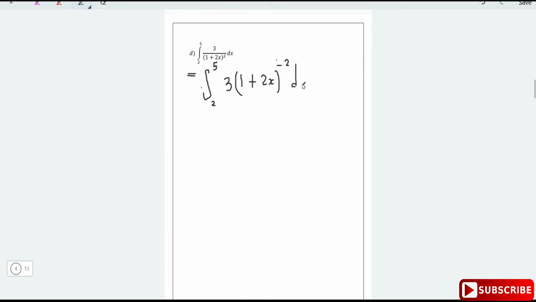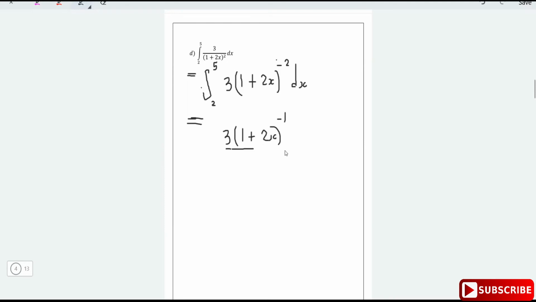By bringing up the power, it makes it easier for us to work with, because now we can integrate a lot easier. Now we can integrate this by adding 1 to the power to get 3 times (1 plus 2x) raised to the, adding 1 to the power, minus 2 plus 1 is negative 1.